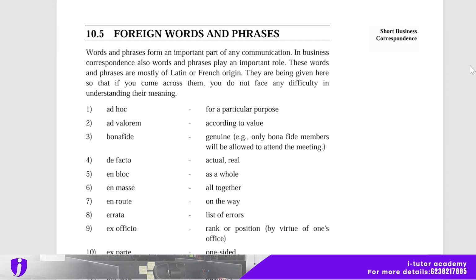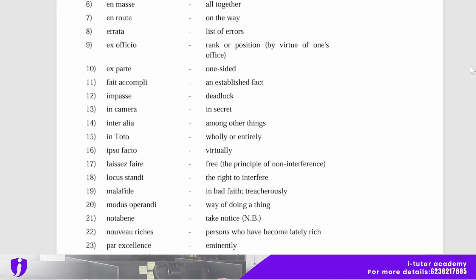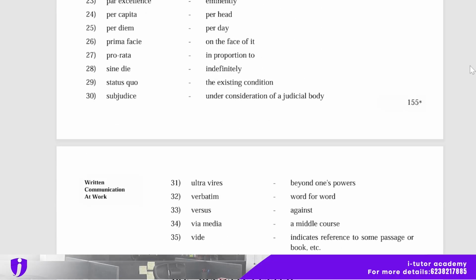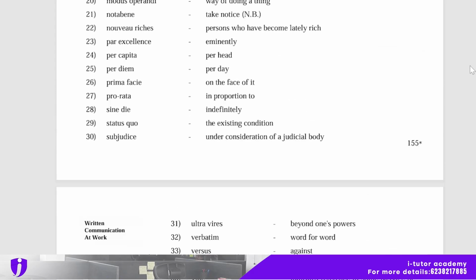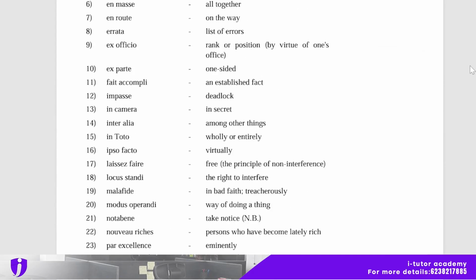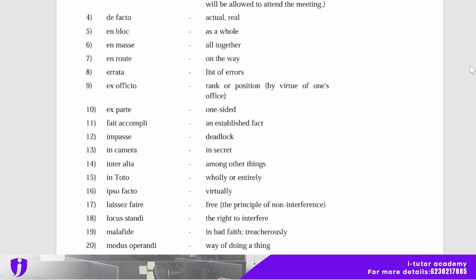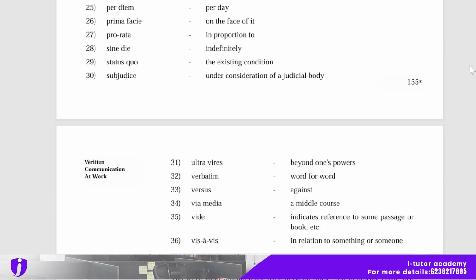You just go through your IGNOU study material MMPC 007, the chapter Unit 10. So 36 words are there and their meanings are also there, and you just go through it, and in case of any doubts you just call us anytime or contact us through our comment box.